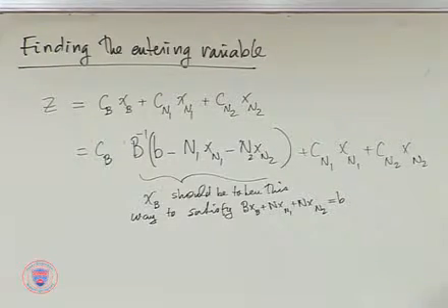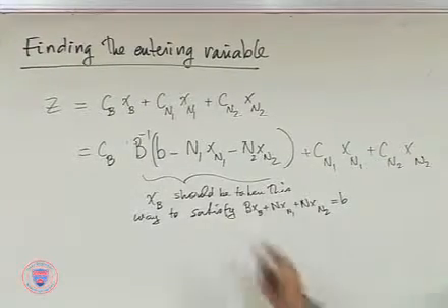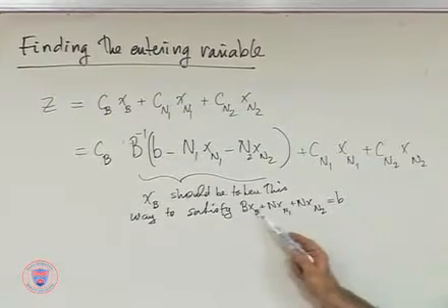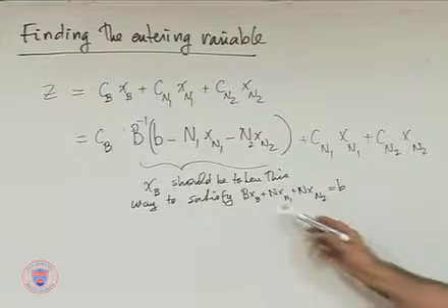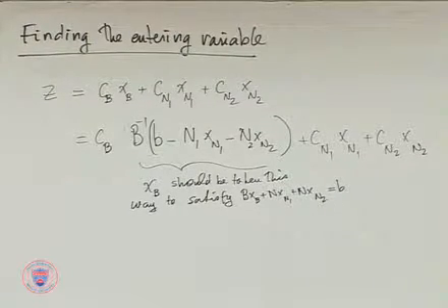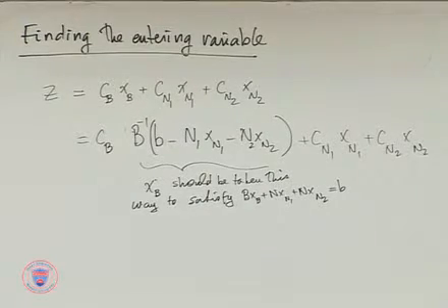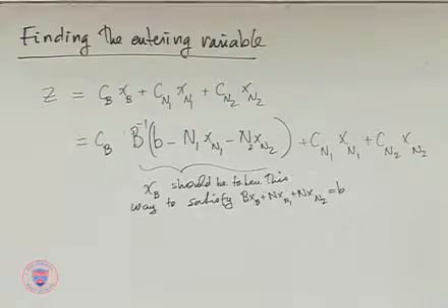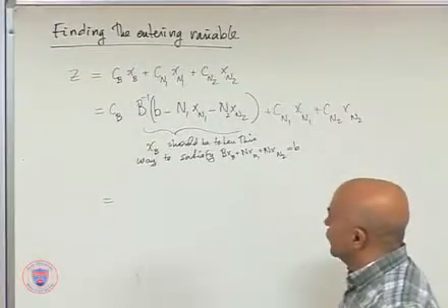So xB should be taken exactly the way we defined it, B inverse times the parenthetical part, to satisfy the Ax equals b constraints. Okay? You just simply solve for xB using these constraints. That's it. Did we do it right? Yes. We did it right. Okay. So if you simplify this, what do you get?